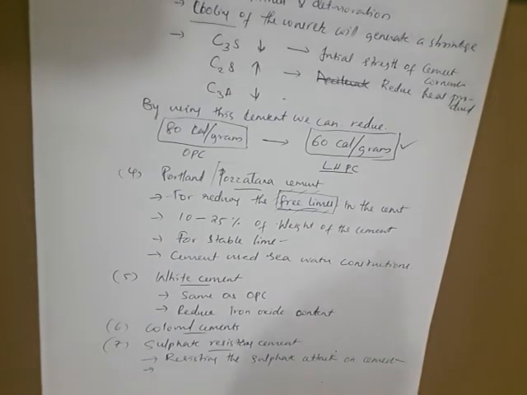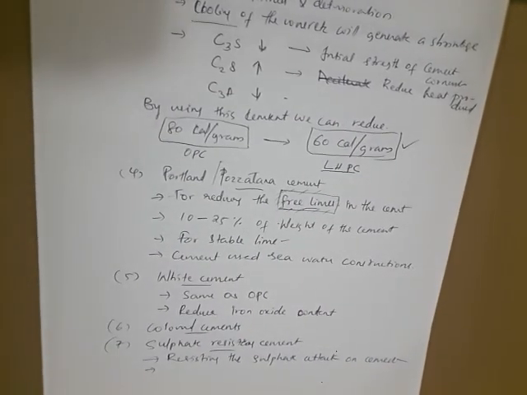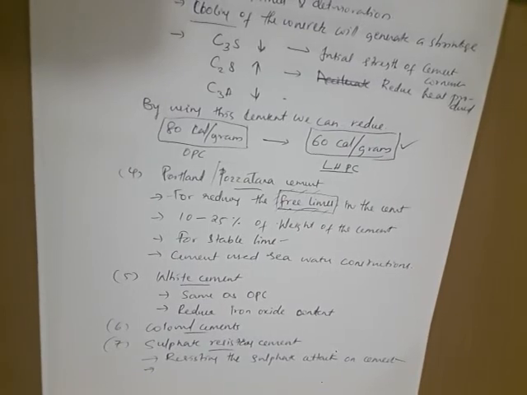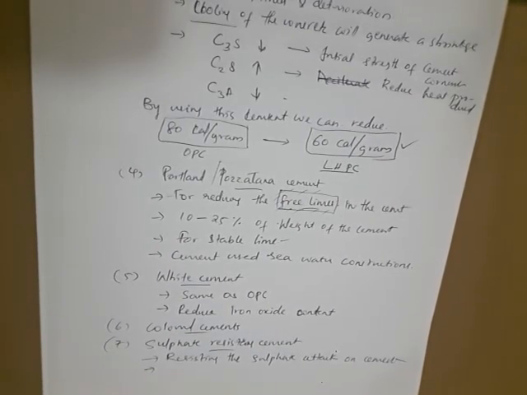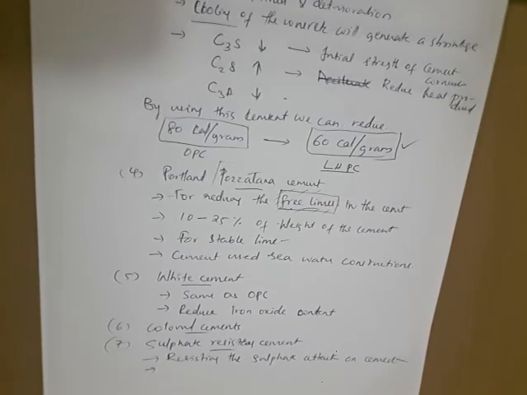In the western arid regions in India, the groundwater has a lot of sulfate content, and it will affect the strength of the cement used in concrete or mortar. This can be resisted by sulfate resisting cement.